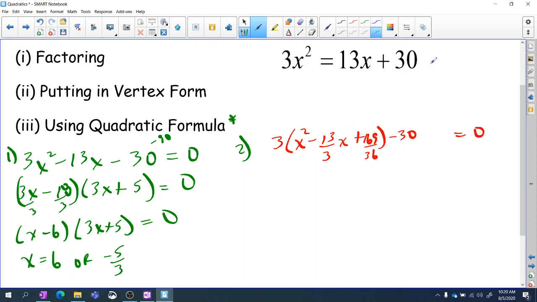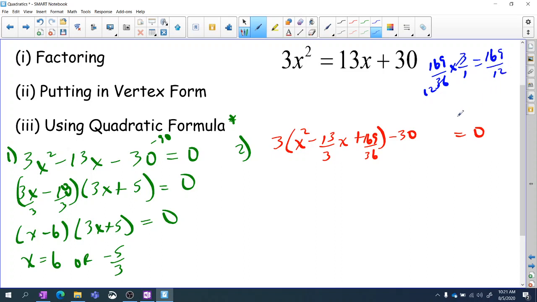Well, 169 over 36, when you multiply by 3 over 1, this 3 will go into this and give you a 12. So it's 169 over 12. 169 over 12, that's the reduced version of it.